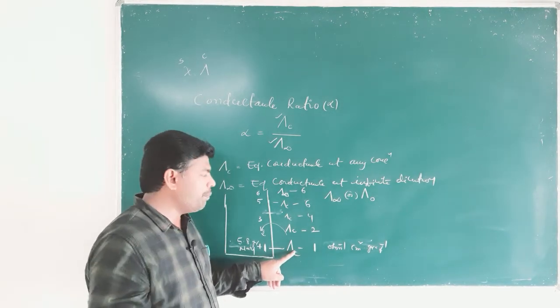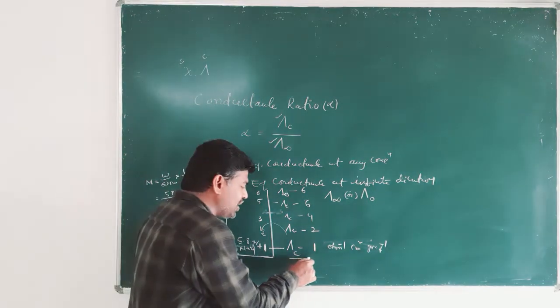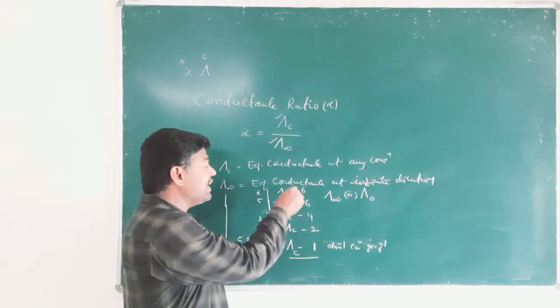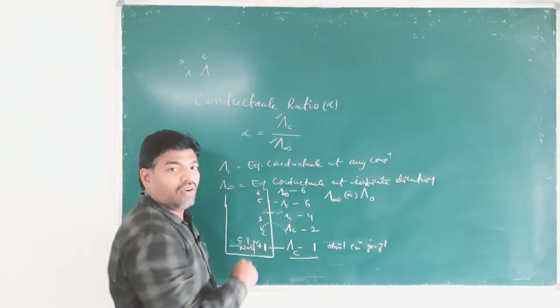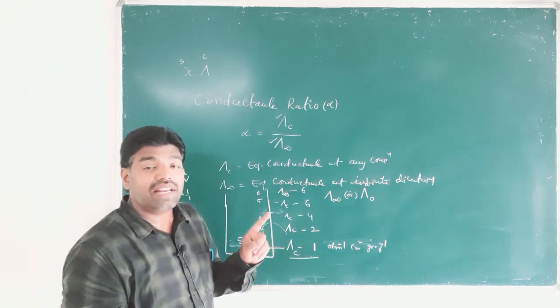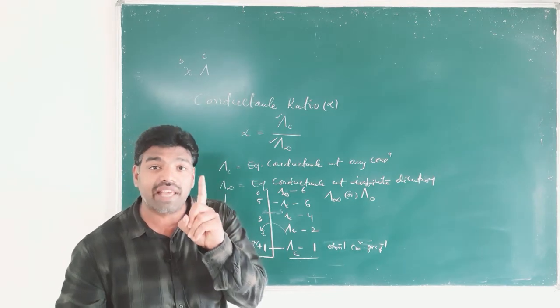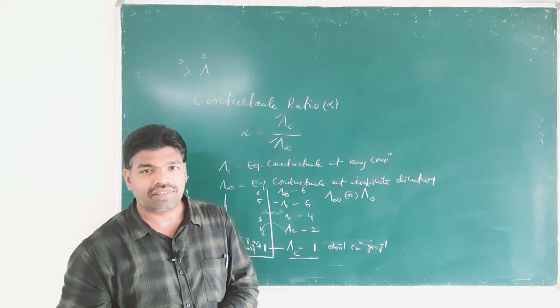So I hope you got the difference between equivalent conductance at any concentration and equivalent conductance at infinite dilution. Equivalent conductance at infinite dilution is always greater than equivalent conductance at any concentration, right?